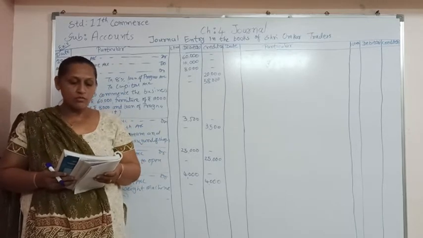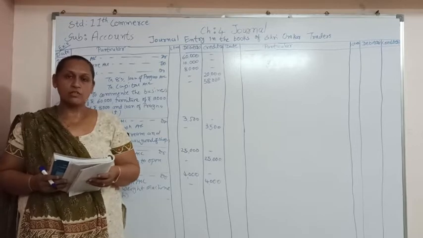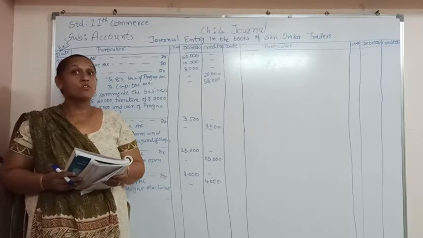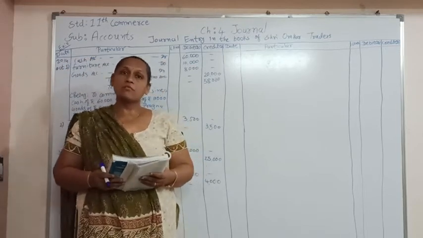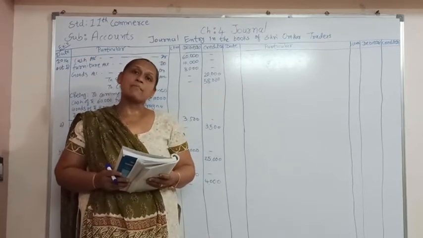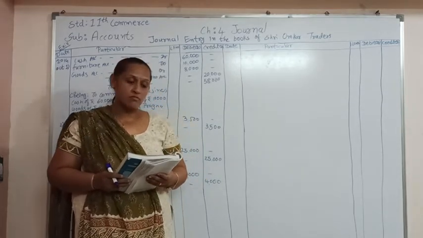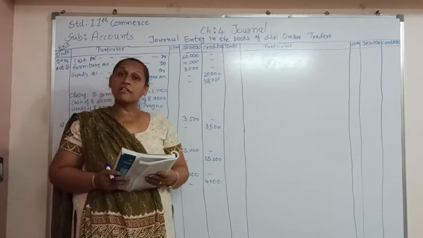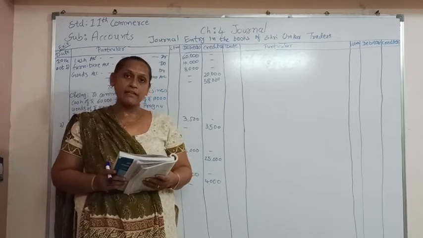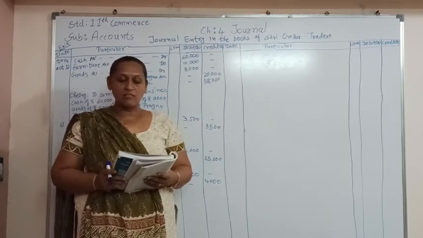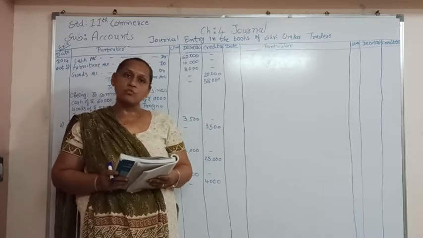Fifth, a machine of rupees 5,000 is purchased from Nauka Traders and rupees 500 is paid as machine installation charge. So for the machine we are purchasing, whatever expense we make for the purchase of the machine is debited to the machine account. So here machine account is going to be debit by 5,500, and we haven't paid Nauka Traders, so Nauka Traders account is going to be credit, and the installation charges we have paid, that is rupees 500, so for that cash account is going to be credit.